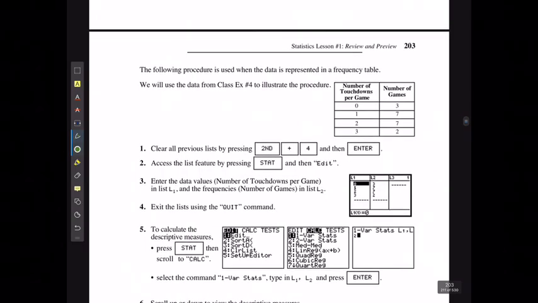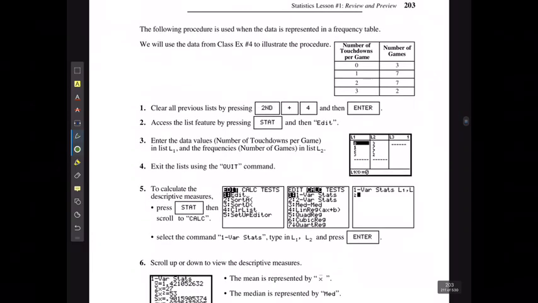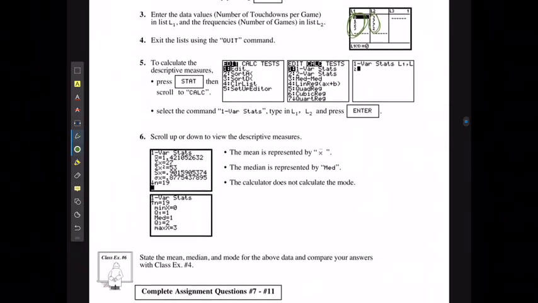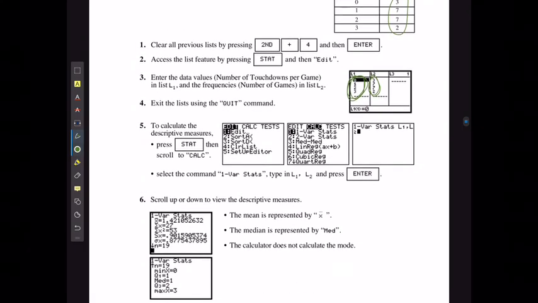If I'm doing the same process with a frequency table, then when I'm doing the list, I'm going to put the numbers into list 1, and I'm going to put the frequency, so how often they occurred, into list 2. Then, when I'm putting the data in, I'm going to make sure that I incorporate both list 1 and list 2, and that it knows when you're putting in the data, because you can select L1, you can select L2.